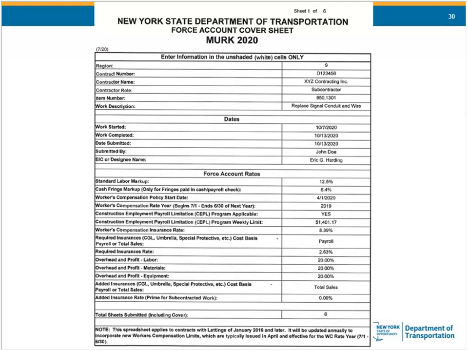The payroll limitation, if you check yes, it will autofill the limit. Workers' comp rate based on EMR 1.0. Contract, this is a subcontractor, so this is the subcontractor's general liability insurance based on payroll or total sales. This one is payroll. Enter the percent.